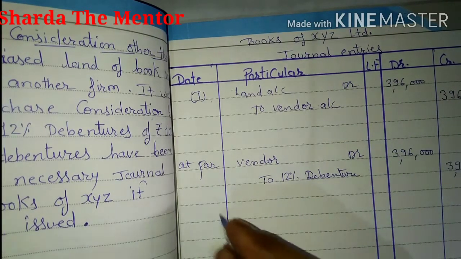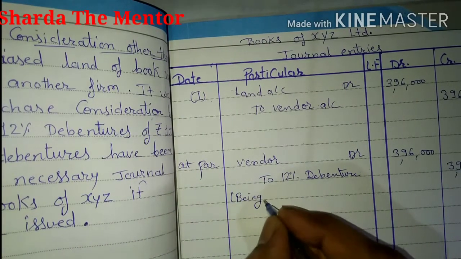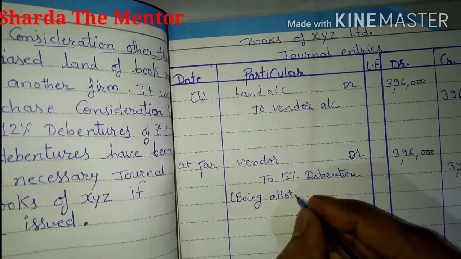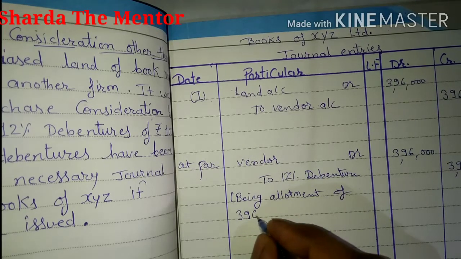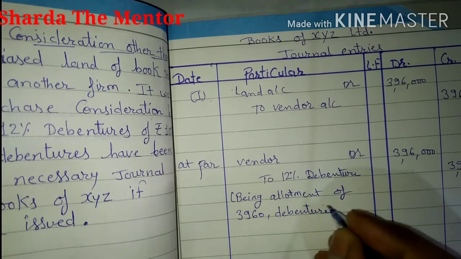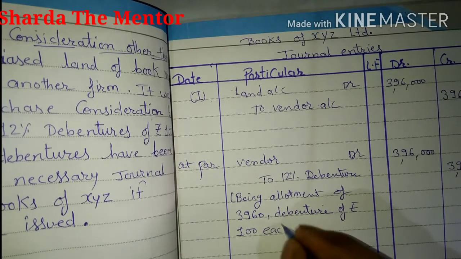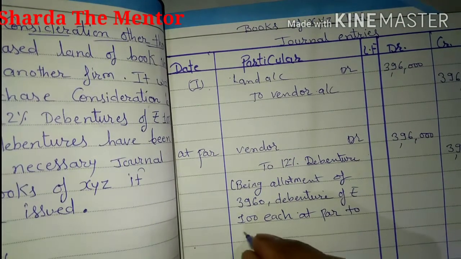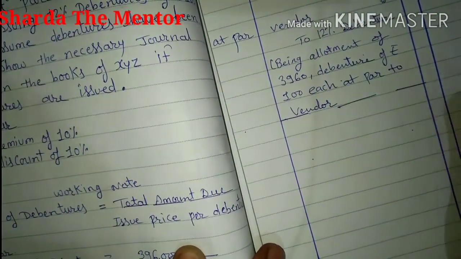And we will mention here in the entry, being allotment of 3,960 debentures of rupees 100 each at par to vendor. So in that way you can pass. So that is the first case we have completed.